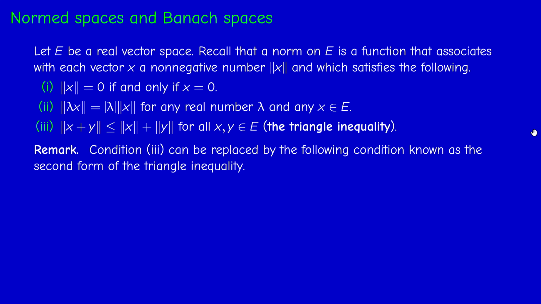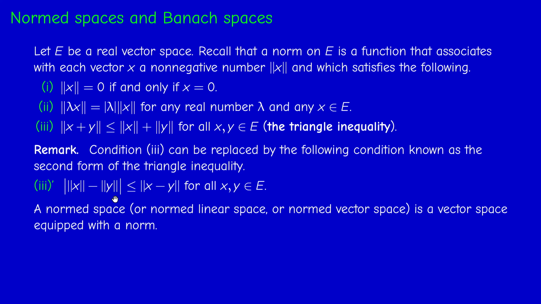The absolute value of the difference of the norms is less or equal than the norm of the difference for any 2 vectors x and y. So we can prove that 3 implies 3 prime and 3 prime implies 3. Okay. So a norm space is a vector space equipped with a norm. It's also called norm linear space or norm vector space, but for simplicity, we'll just say norm space.